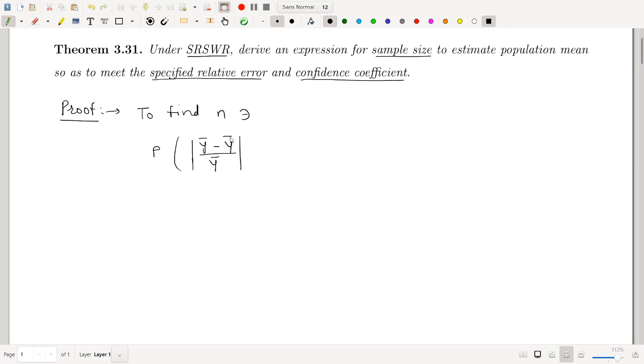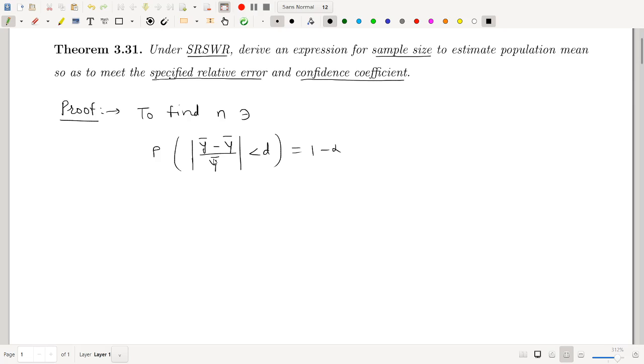So this is your parameter and this is the estimator of this capital Y bar. We call it the estimator or statistic. So statistic minus parameter upon parameter, and mod of this quantity is called the relative error. This is specified, meaning less than d, is equal to 1 minus alpha.